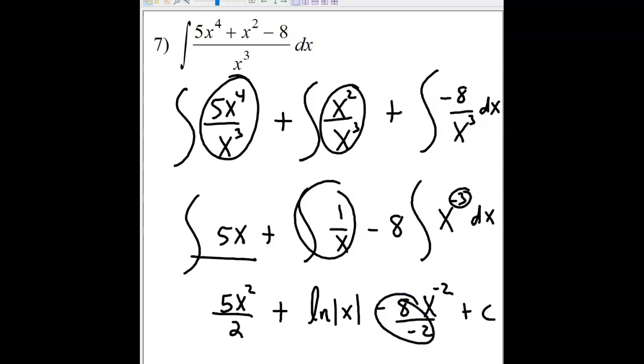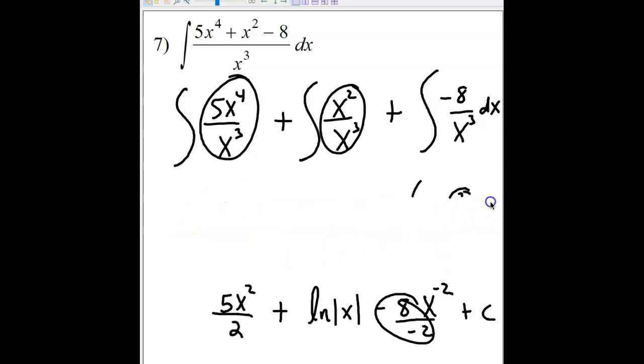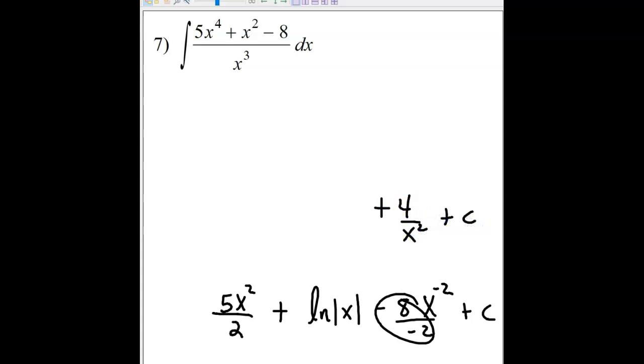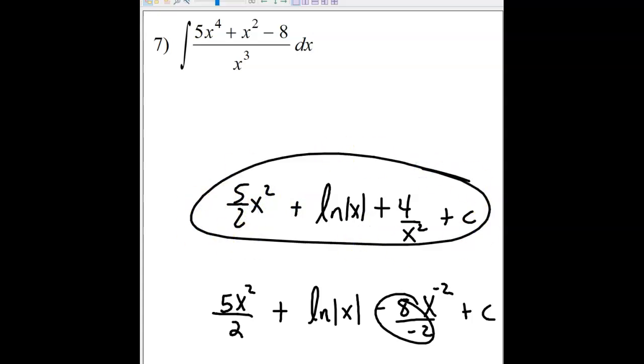These can reduce each other, and let me erase to make some space for myself here. So -8 divided by -2 is a +4, and also it's x to the -2, which means it really just goes to the bottom, and the rest of it's just going to stay the same. And there's our final answer.